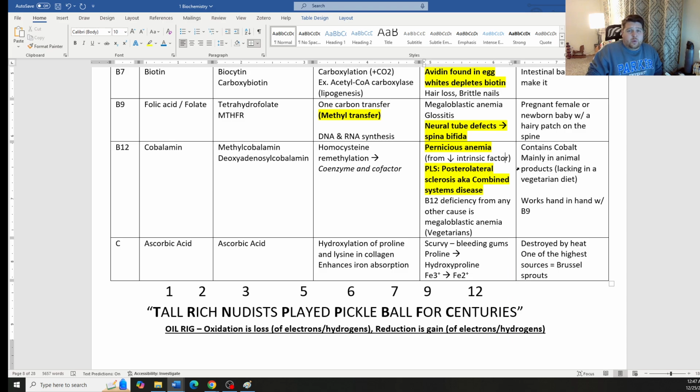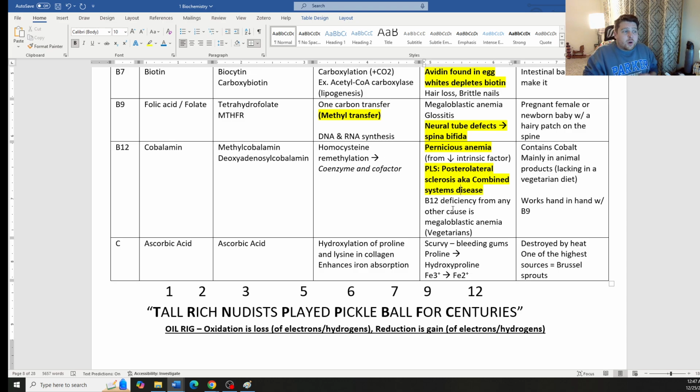So especially as we get older, or if we have a less acidic stomach, or we have stomach issues, we can have less intrinsic factor, and therefore it's more difficult to absorb our B12 vitamin. B12 deficiency can also result in what is called posterolateral sclerosis. It's an issue with the posterior lateral portion of the spinal cord, also known as combined systems disease. We'll talk about that in the pathology section.